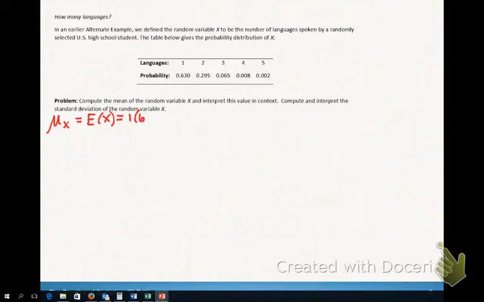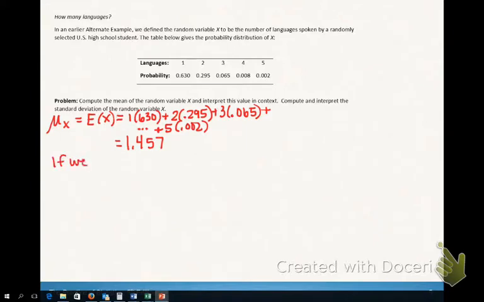So 1 times 0.630 plus 2 times 0.295 plus 3 times 0.065 plus, and so on, plus 5 times 0.002. The only one I didn't list was the 4. If you take your calculator out and add that all together to find the sum, we get a mean of 1.457.